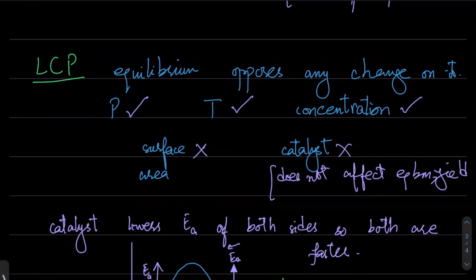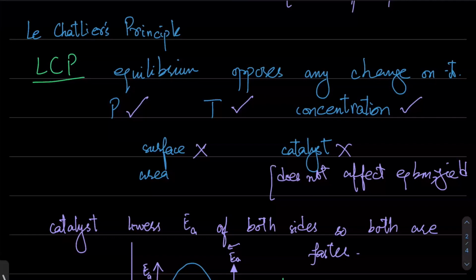Okay? Now let's understand LCP again. LCP means Le Chatelier's principle. Whatever we do, equilibrium will oppose it. Matlab, if I increase the temperature, equilibrium will try to decrease the temperature.